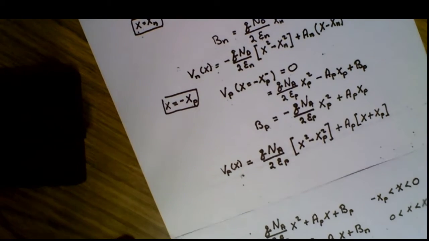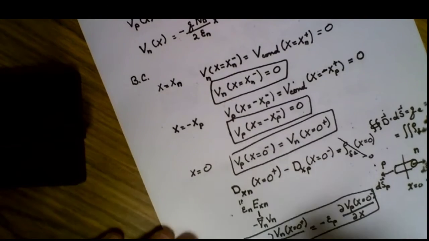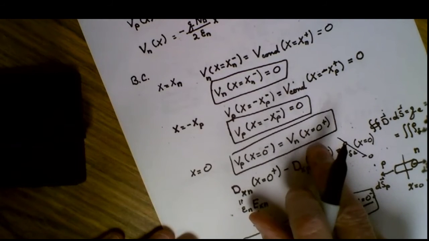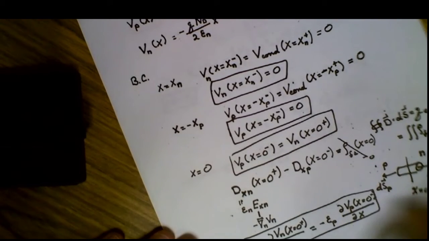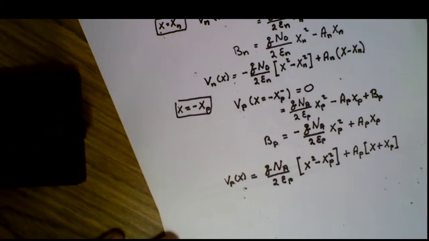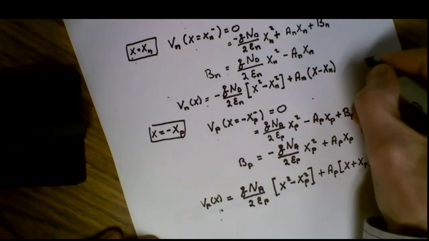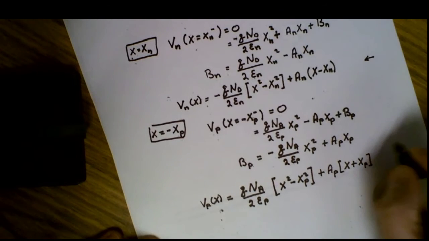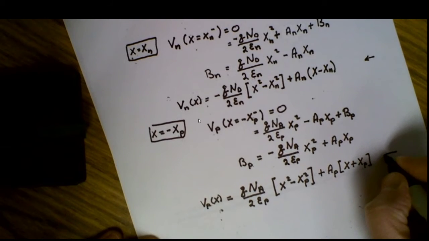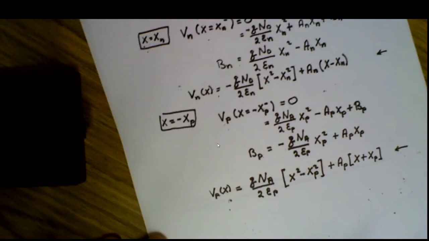Let's look at those boundary conditions. The first one is straightforward. The two are equivalent, so let us write it down. We will make use of these two expressions since we only have two unknowns left and two equations left, instead of going back to the very beginning.